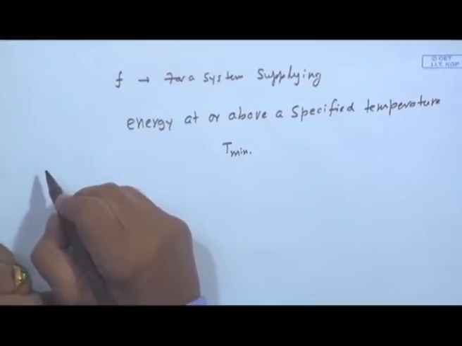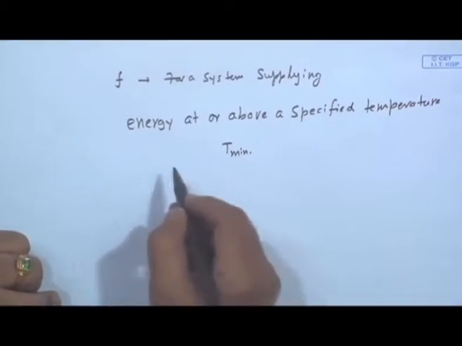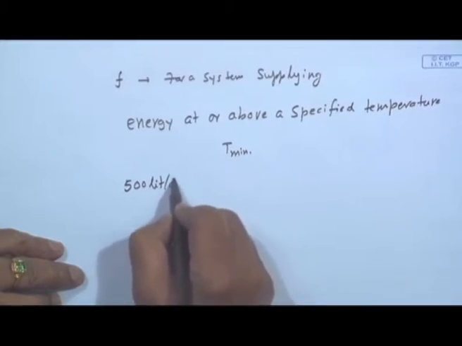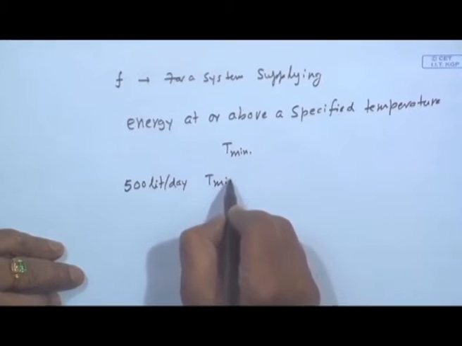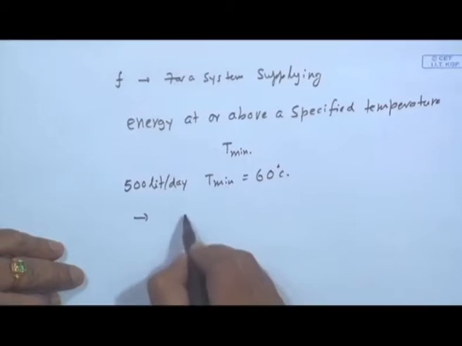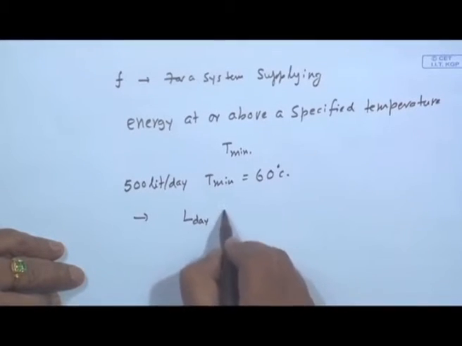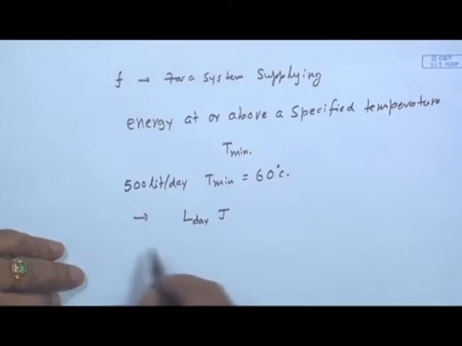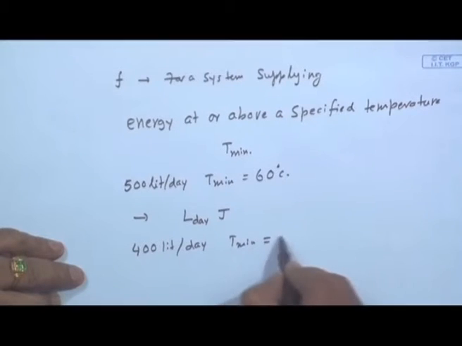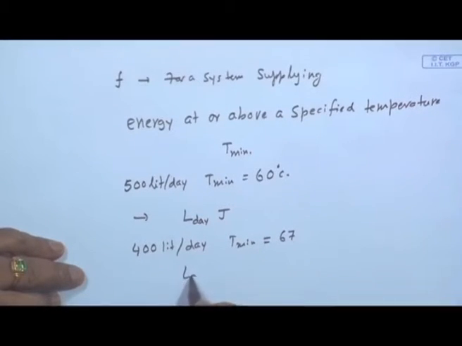So, you might say that you want 500 liters per day at T minimum 60 degrees C. So, this may be so many joules of load, or this may be 400 liters per day at T minimum, or maybe 67 L day in joules, same as above.